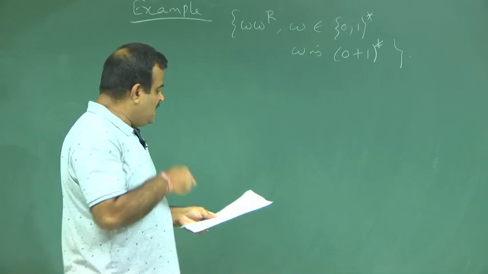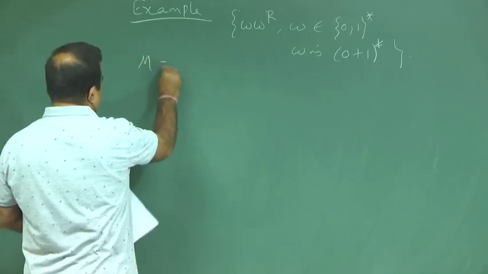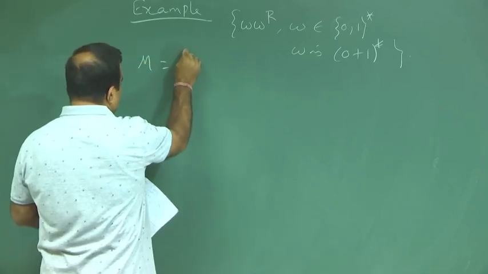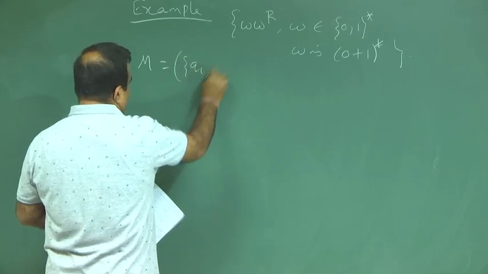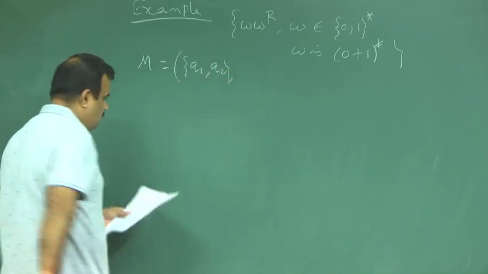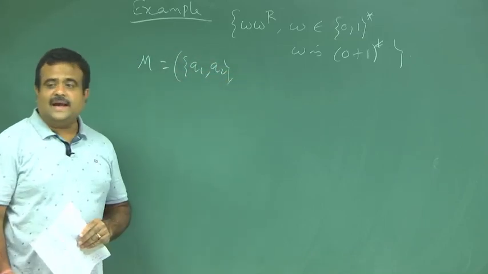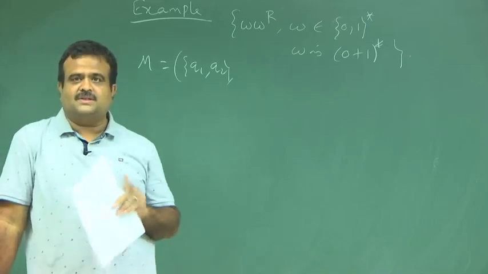Okay. So, the idea is, we take just two states, because states are not important when we talk about acceptance by the empty stack.